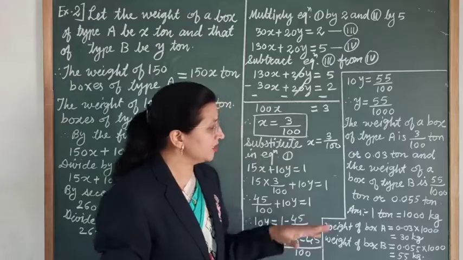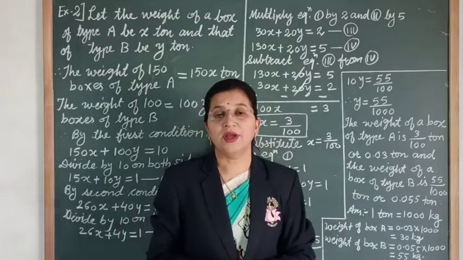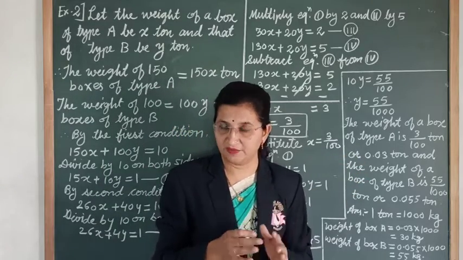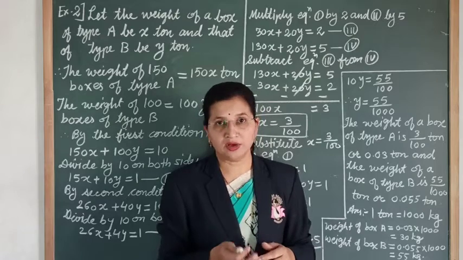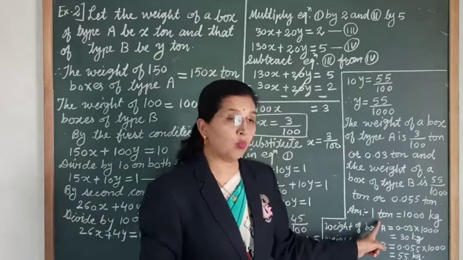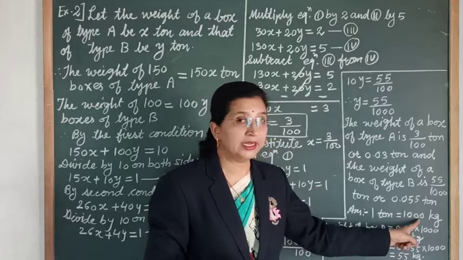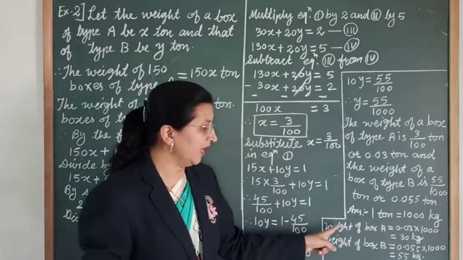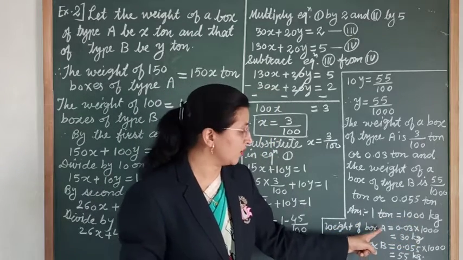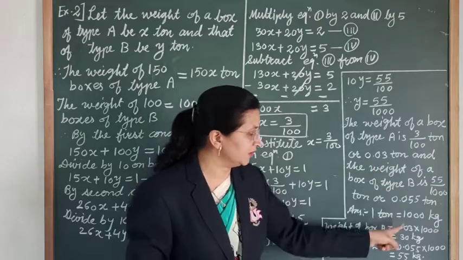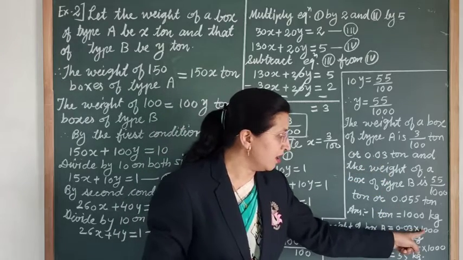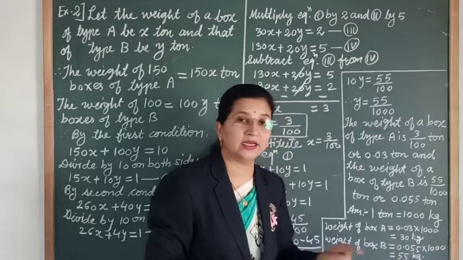Okay. Now dear students, here we have written the weight of these boxes in the form of ton. We can convert it in the kilogram also, as we know that 1 ton is equal to 1000 kg. So what is the weight of a box A? That is 0.03 ton multiplied by 1000. So we will get it as 30 kg.